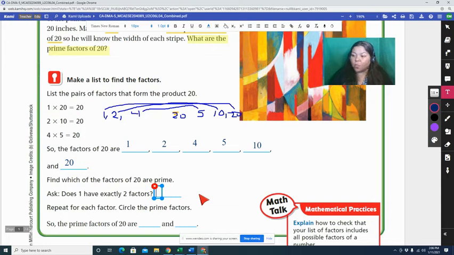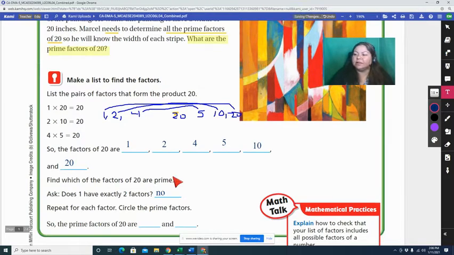It only has one. You're probably thinking, what, Miss Maldonado? I don't get it. A prime number needs to have exactly two factors, one and itself. But for one times one equals one, it's only one different digit. So it doesn't have two factors, it's just one.